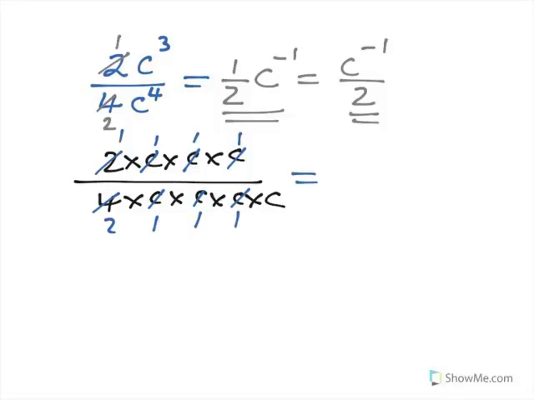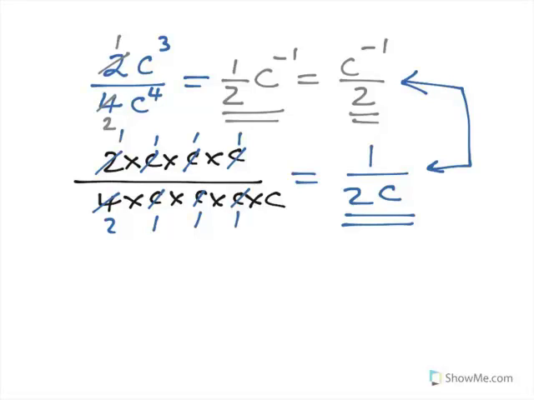So you can see that in the numerator it's 1 multiplied by itself 4 times is 1. In the denominator, 2 times 1 times 1 times 1 is 2, and there's 1c on its own. So this is an altered answer to that one. They're both equivalent. They're equal to each other. Okay?